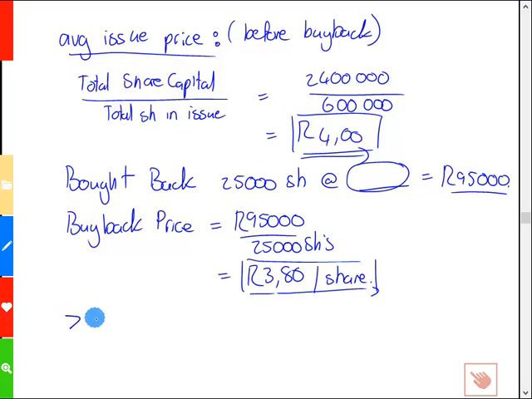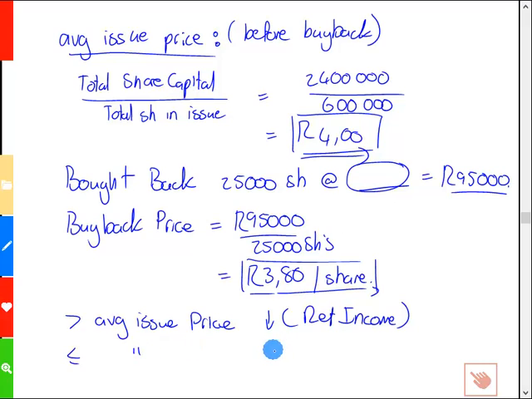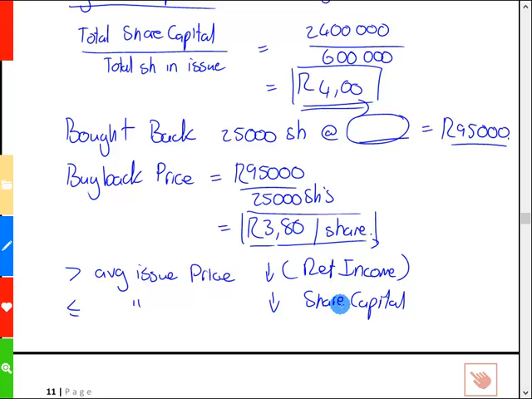We know that everything that is above the average issue price needs to reduce my retained income. And everything that is below or equal to the average issue price needs to reduce the share capital. That makes sense, because we can only take out of share capital what is in share capital.